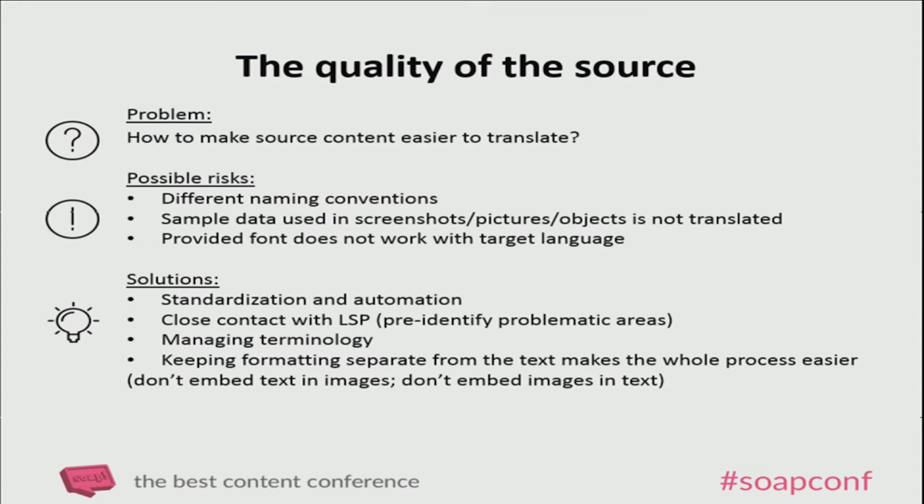And sample data might not be translated, and it happens many times when the client sends the file and maybe he doesn't know that well the construction of the file, or what possibilities there can be. And many times text is embedded in images. So there are many ways to deal with that.